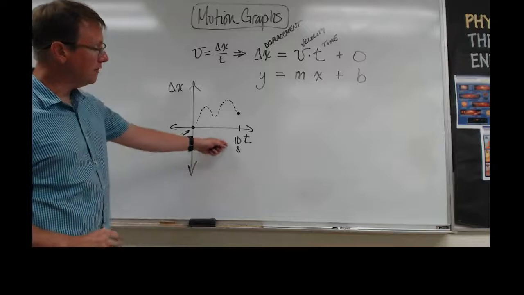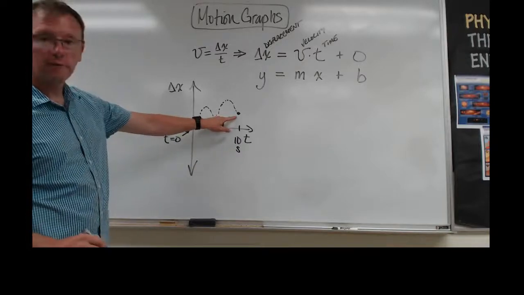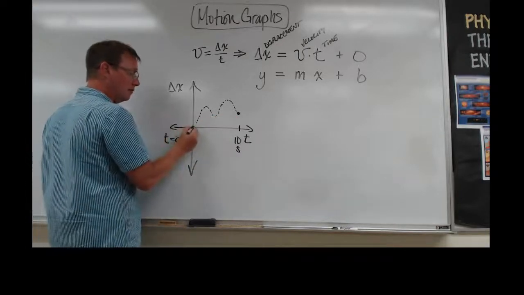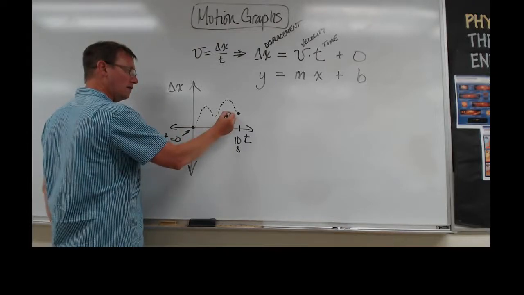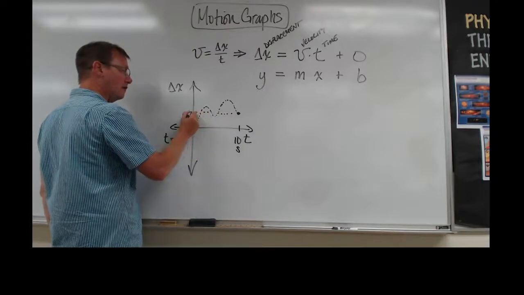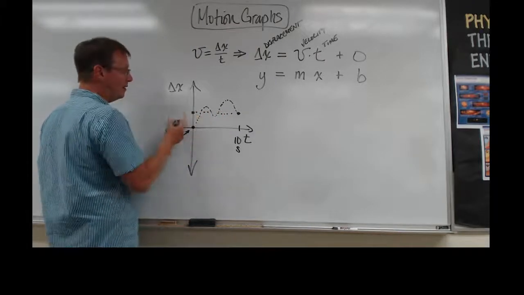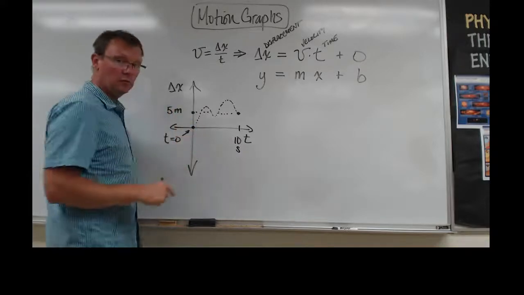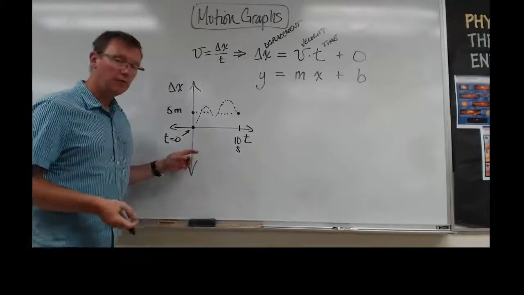Okay, so at t equals 10 seconds, it ends up right there. Now the displacement is the difference between where it starts and where it ends. So I'm going to trace this across and say, let's say right there it traveled 5 meters.